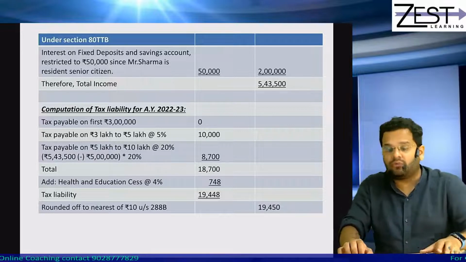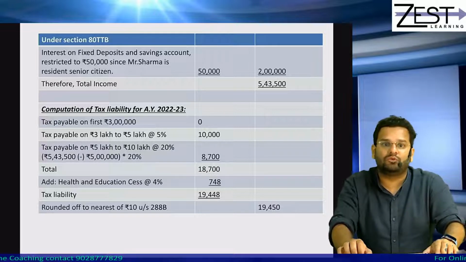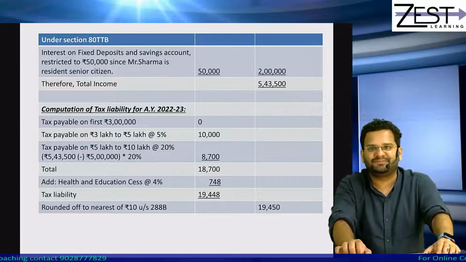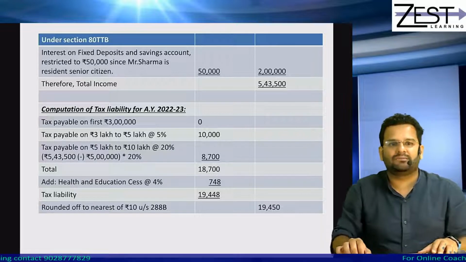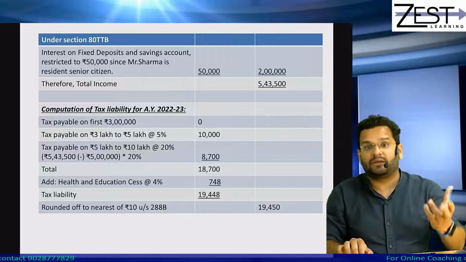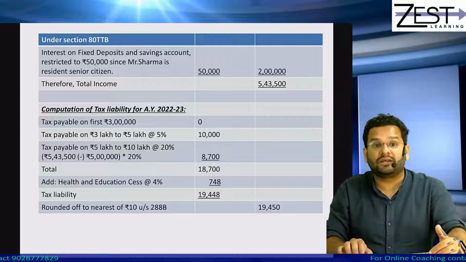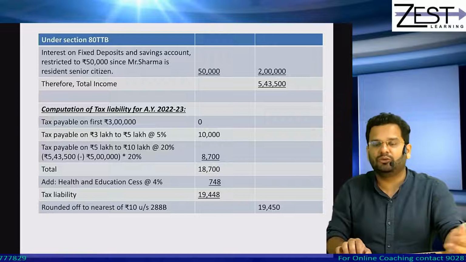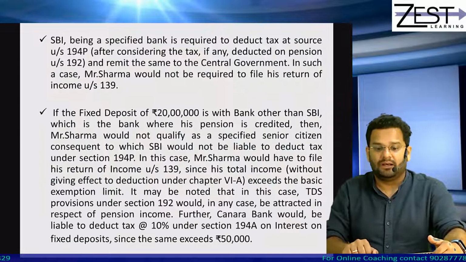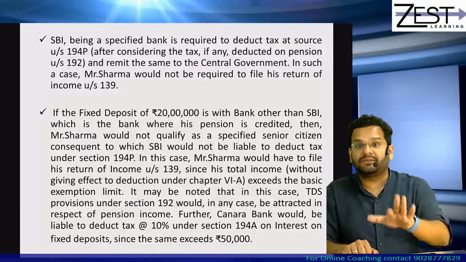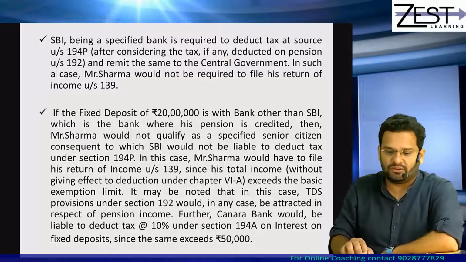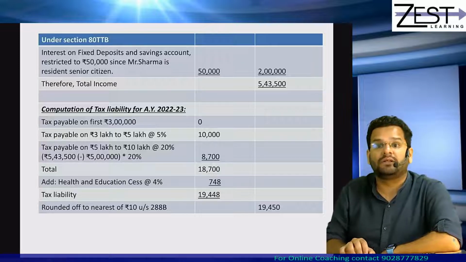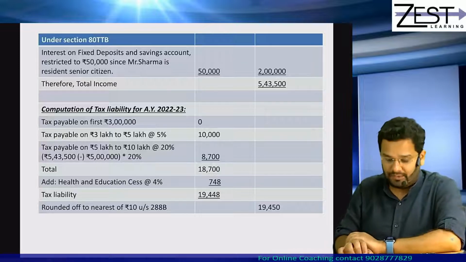When you round off, 19,450 will be the answer. I am quite sure you are smart enough to calculate this. Correct? You have reached till the stage of understanding amendments, means obviously you know these basics. Now, this is the answer to your first sub question, that what is the total income and tax liability.